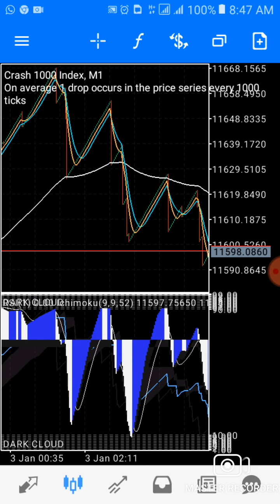To create your own strategy, you need at least to know the market psychology, the price action of this kind of volatilities, crash and boom. You need to know all those things. But if you sit and relax, guys, you will be a lazy trader, and the market does not need a lazy trader.